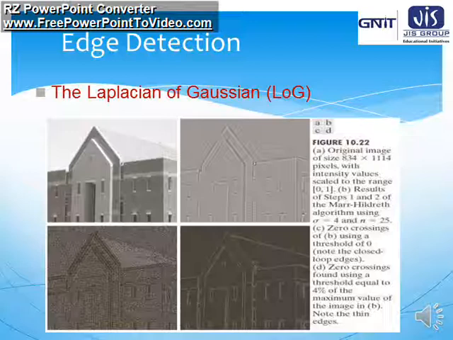Next, the third image is the zero crossing of this image using a threshold of 0, and the last image shows zero crossing found using a threshold equal to 4% of the maximum value of the image, which results in very thin edges. So the first image was the original image and the last one is the edge of that particular image. So we can easily find the edge detection technique here.